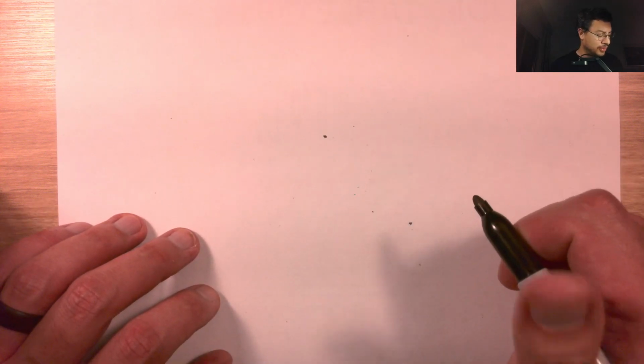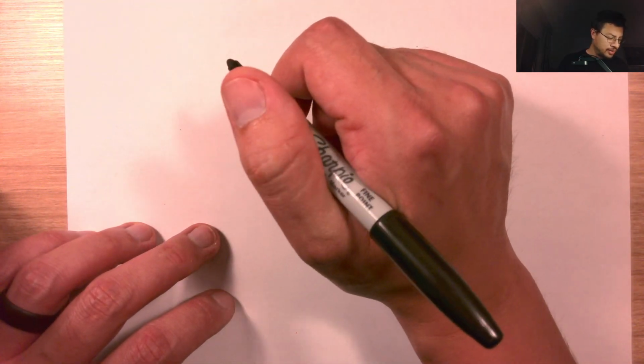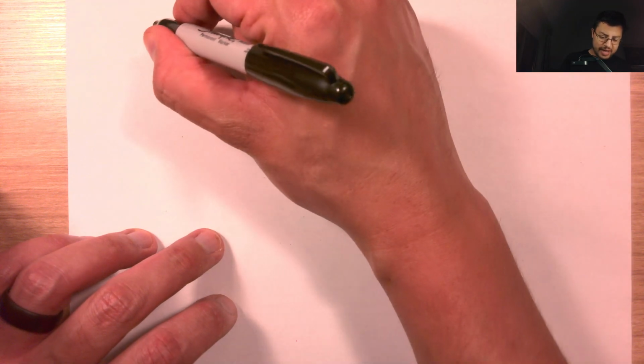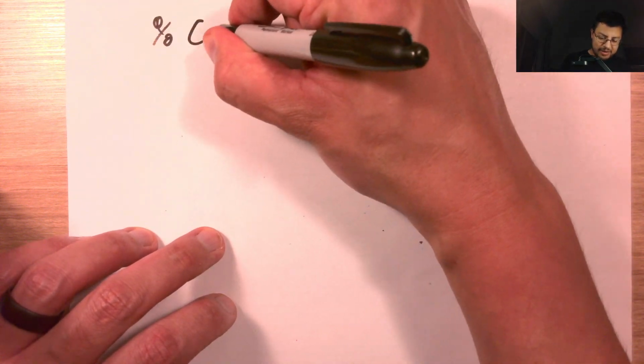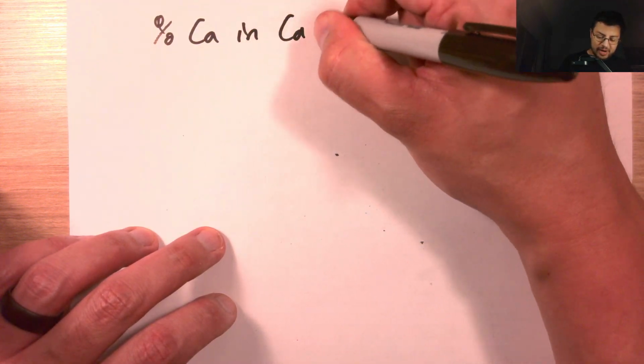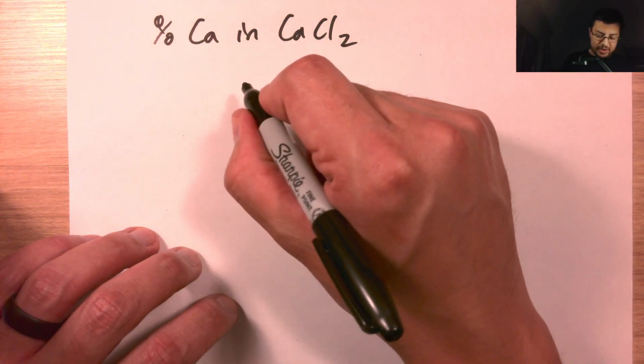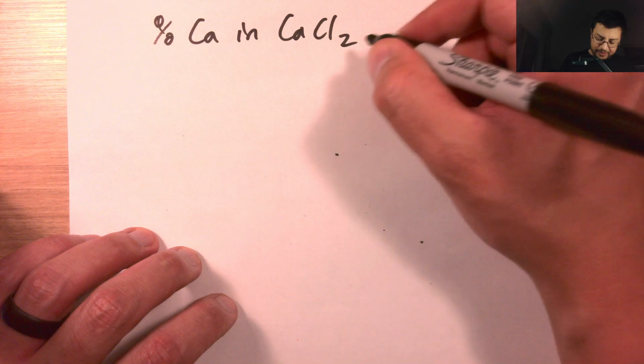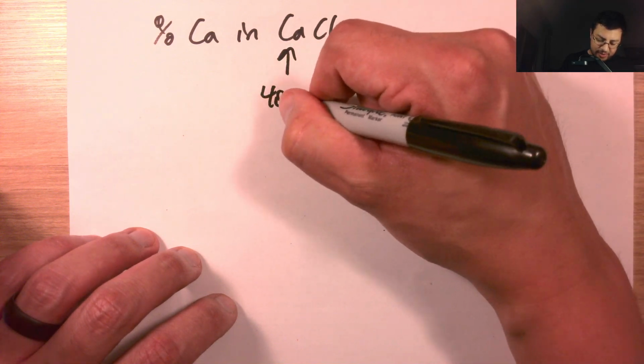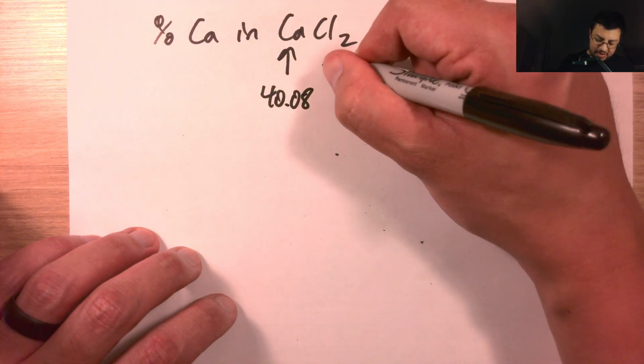You want an example of me doing it for a compound? Actually, let's just do this. Let's say I wanted the percent calcium in calcium chloride, CaCl2. Calcium's a 40.08.